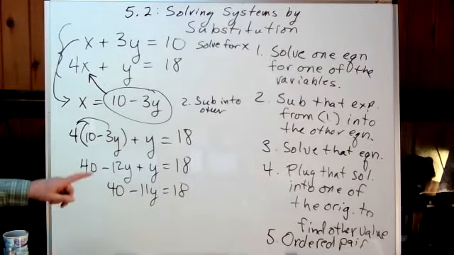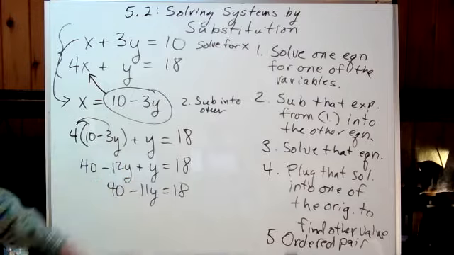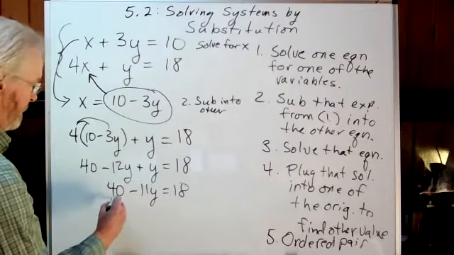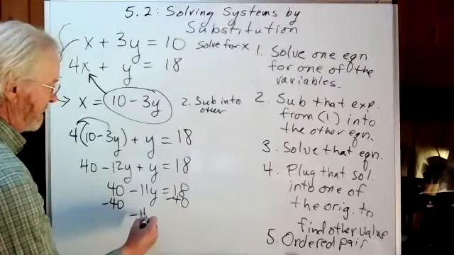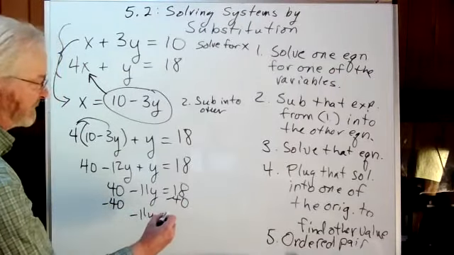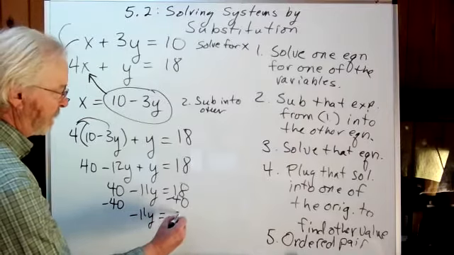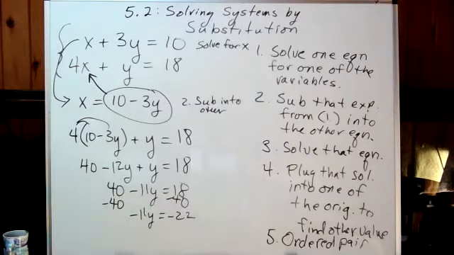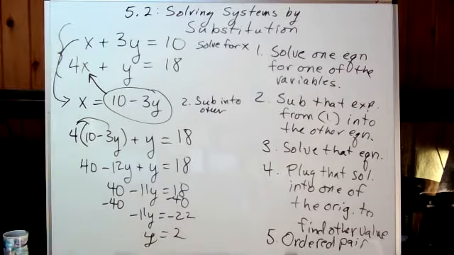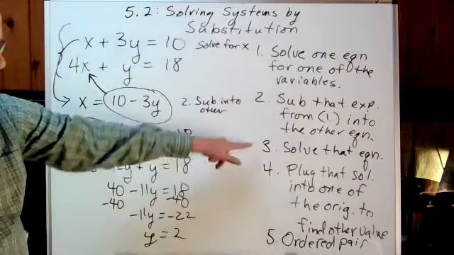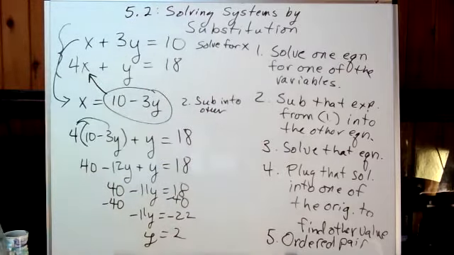All right, so I'll subtract the 40 and leave the y's here. So negative 11y is negative 22. Dividing by the negative 11 gets me that y equals 2. So there, solved that equation. I got all the way through step 3.